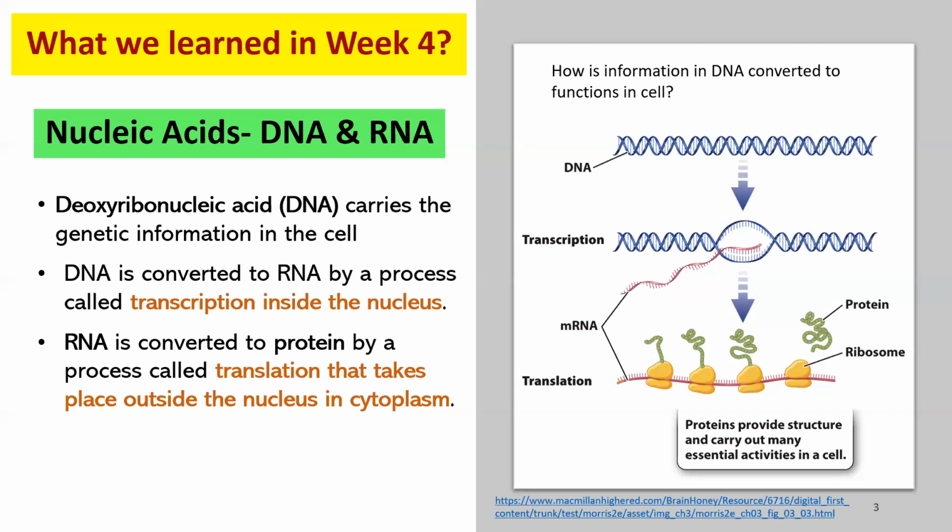All of those can have a direct conversion of messenger RNA to proteins. However, in eukaryotes, almost all the time, the messenger RNA may have some extra coded sequence, so it has to be processed, and then that processed messenger RNA goes into the cytoplasm where it is converted to proteins with the help of ribosomes.